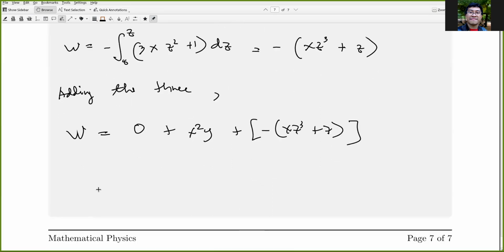This finally gives us phi equals negative of this. So you have negative x squared y plus, negative of this, x z cubed plus z.